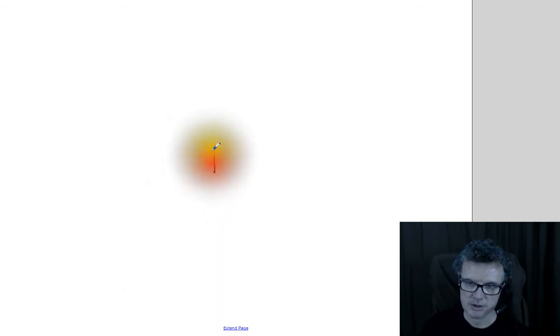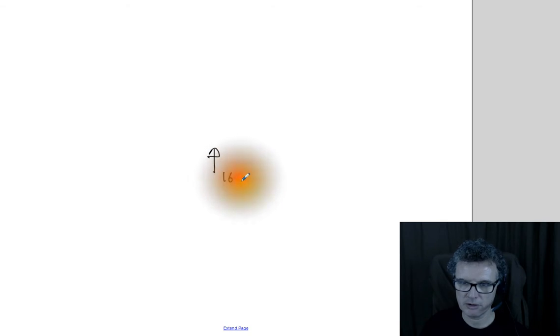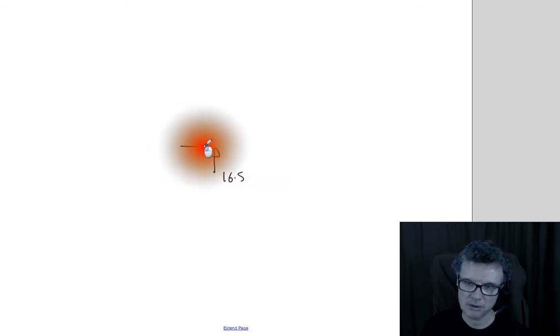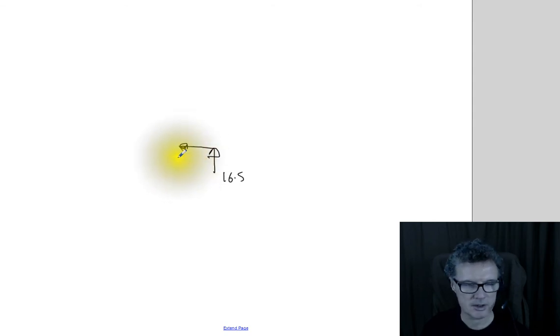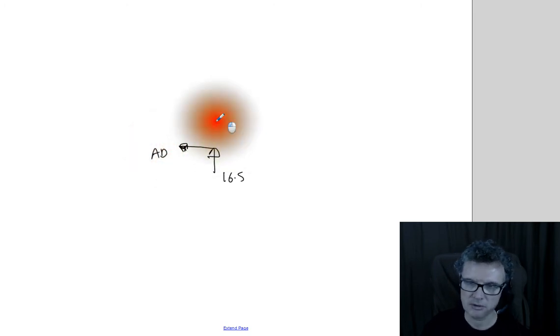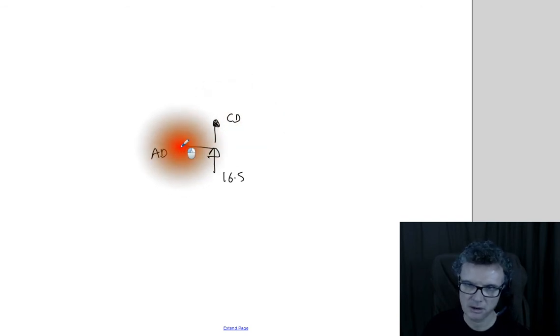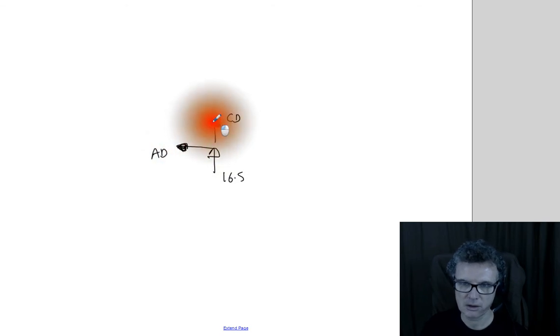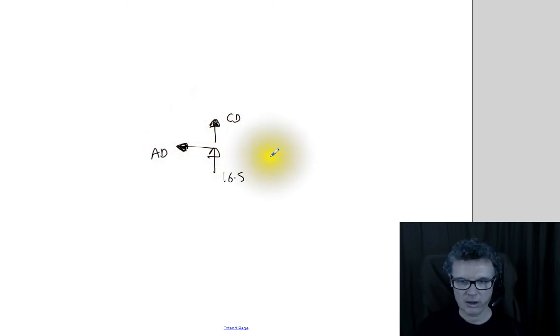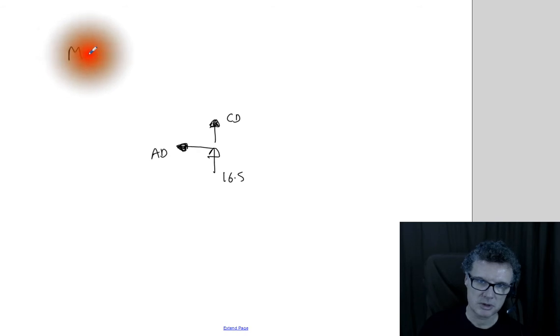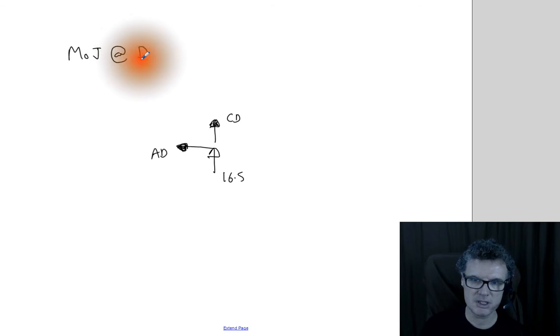So I've got 16.5 being applied. I've got now this internal force which I've exposed, and that's going to be called AD. And then I've got this other force going up and exposing that and calling that CD. Okay. And so we're doing method of joints, and we're doing it at D.